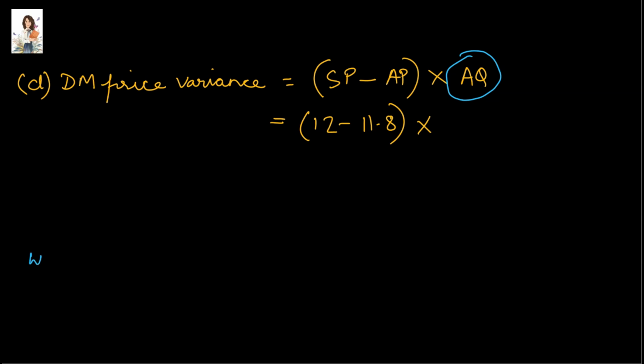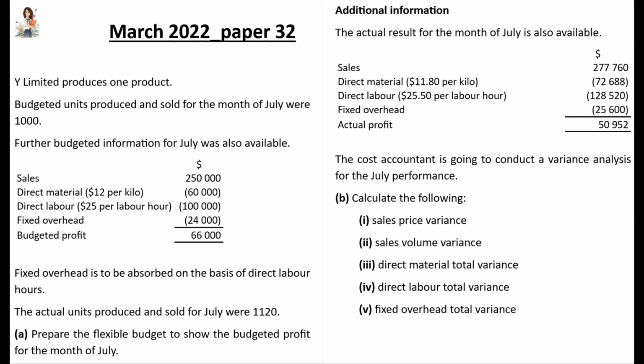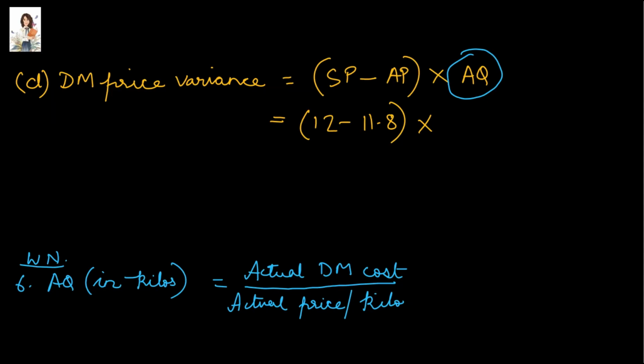So we'll have to prepare a working note for that. This is working note 6. We have to find the actual quantity in kilos. The formula for which is actual quantity of material in kilos is equal to actual direct material cost upon actual price per kilo. Actual direct material cost is given to us. It is $72,688.